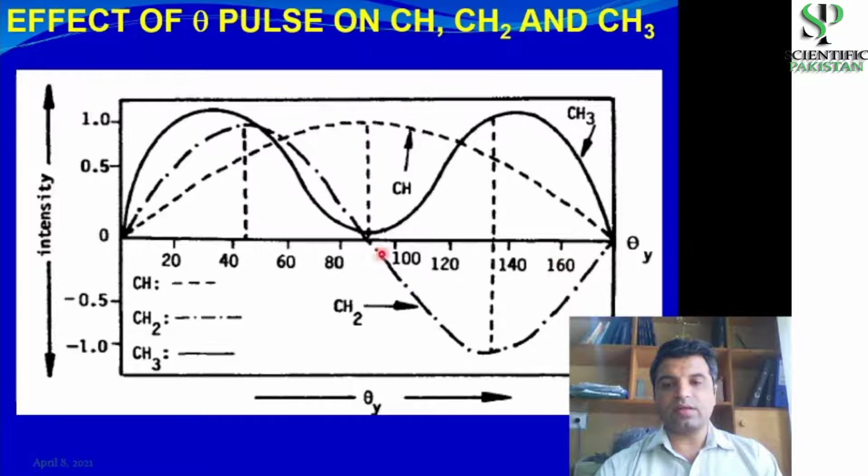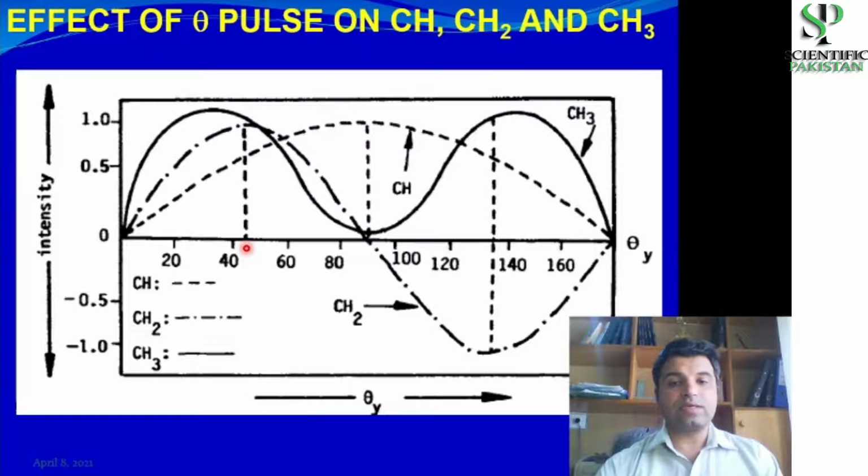So we have the theta angle here, and this diagram shows some waves. This dotted line is for CH, this type of dotted line is for CH2, and this solid line is for CH3. So if the last theta pulse is 45 degrees, the waves generated from these carbon atoms, the CH, the CH2s, and the CH3s, all are positive, and the technique is known as depth 45.